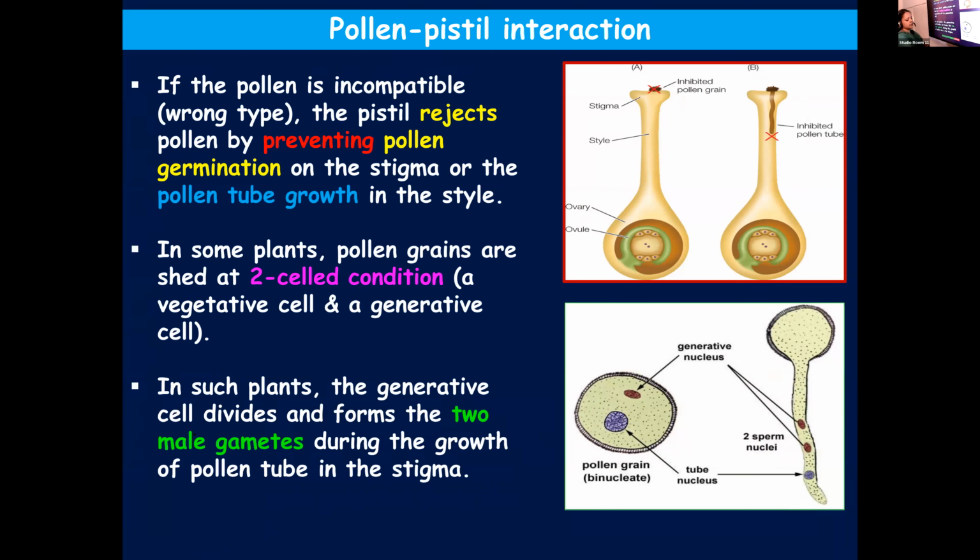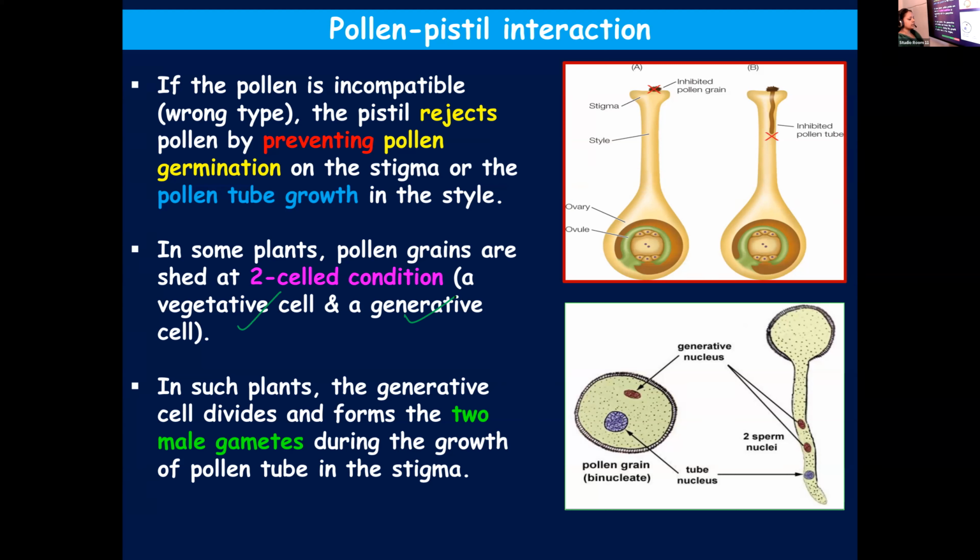When the pollen is being released, it will have only 2 cells. But once the pollen has germinated and the pollen tube is being formed, the division of the generative cell to form 2 male gametes will take place.